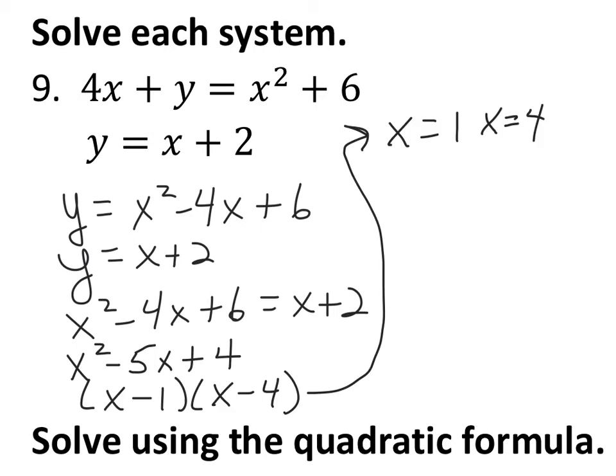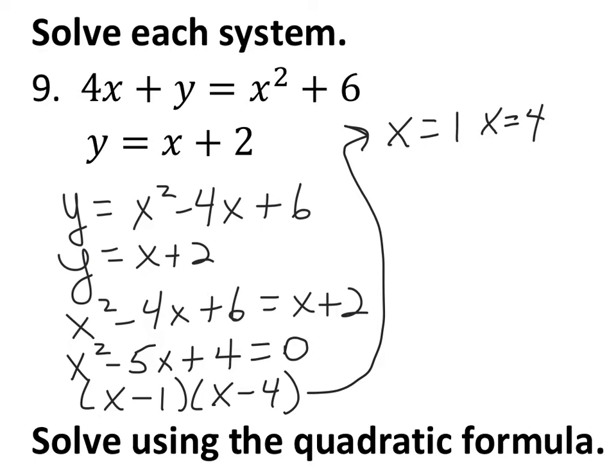All right, so I have set this equal to 0, and I factored it, and I got that x minus 1 times x minus 4 gives me x squared minus 5x plus 4. And when I solve for x for each one of those, I get x equals 1 and x equals 4. Now those are my x values for my solutions. Now I need to find the y values.